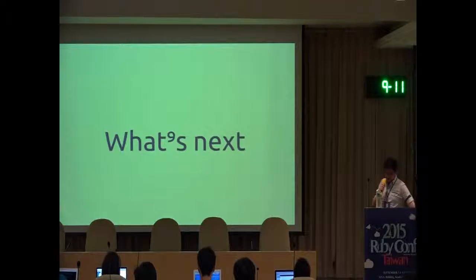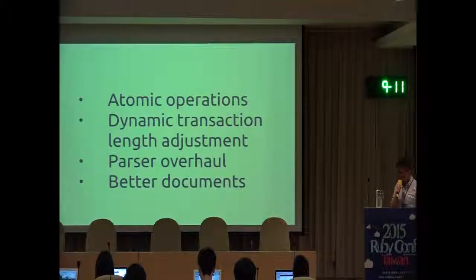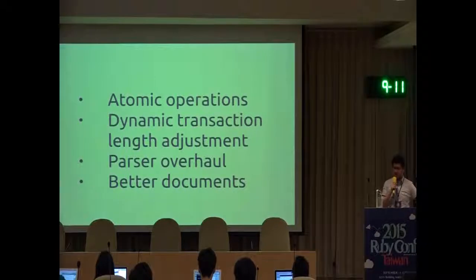Now, what experiments lie ahead for Gobies VM? Since I haven't finished the atomic block experiment, I think it should be at the top of the list. And as the result shows how transaction lengths impact performance, I think it's worth investigating a dynamic algorithm which adjusts the transaction lengths on the fly.